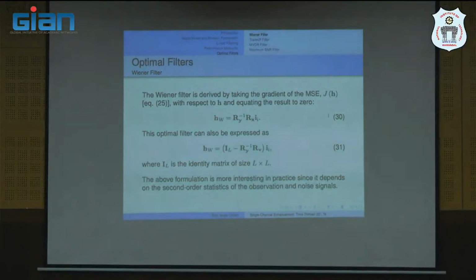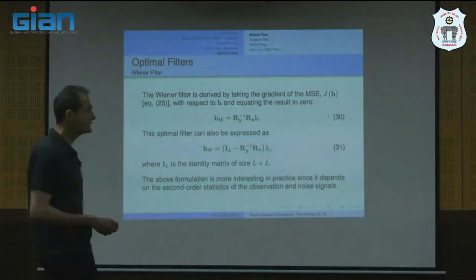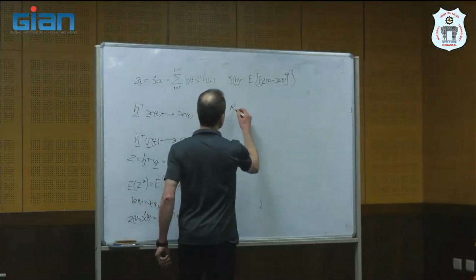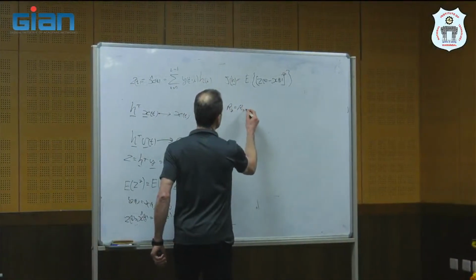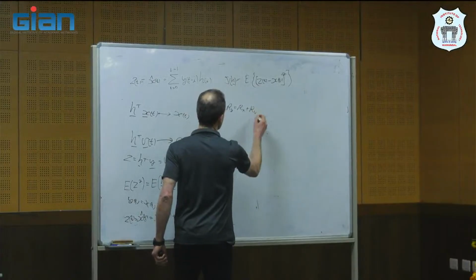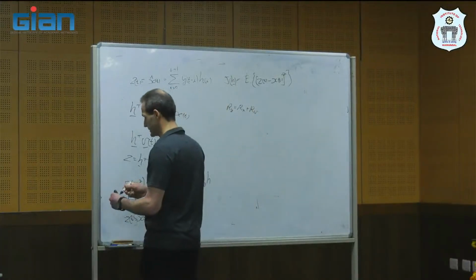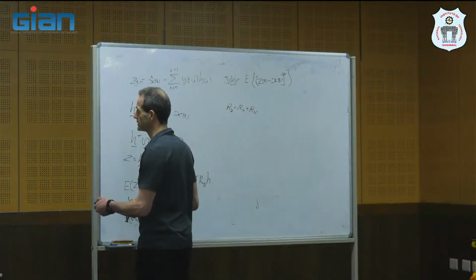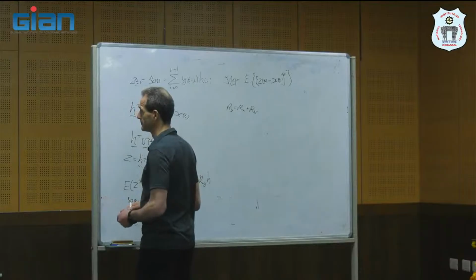Based on our model, we know that Ry equals Rx plus Rv. So instead of Rx, we can put Ry minus Rv. So we get this expression, where I_L is the identity matrix of size L by L.